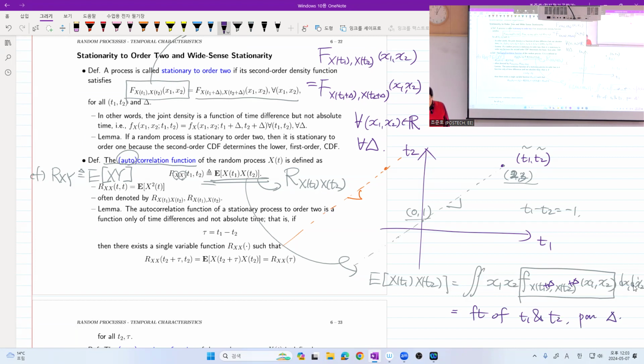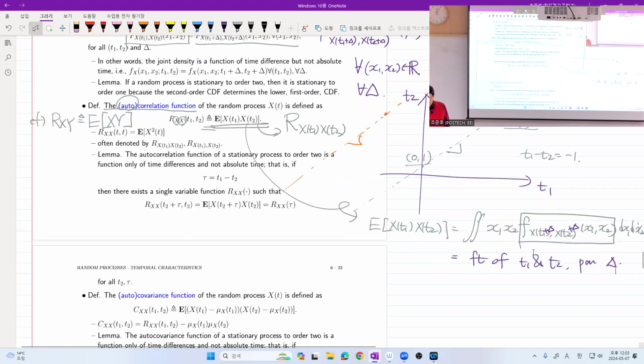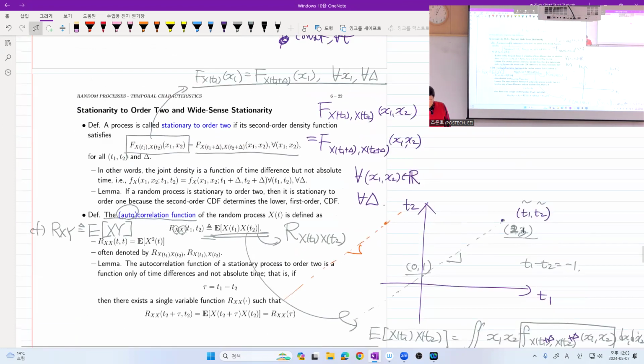But due to the stationarity, this delta doesn't matter. And now we again use this two-dimensional plot. And again, I draw a line with slope 1.